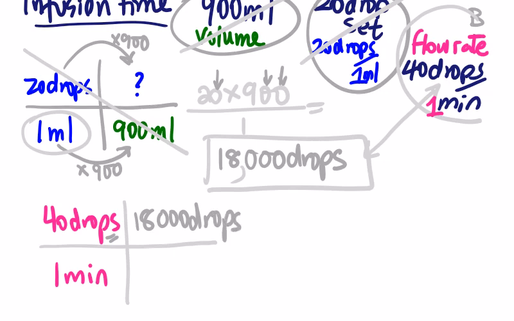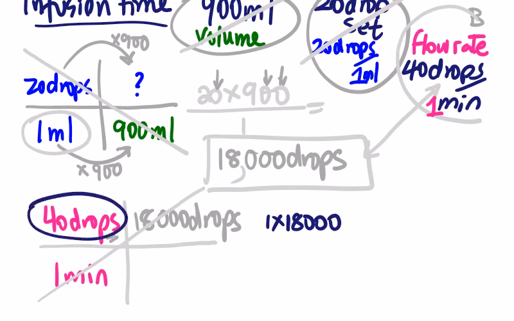Same as before, we can look at the proportions here. What happens? 40 goes to 18,000. It's maybe hard to do the calculation in our head, so we can just maybe remember that we multiply these two. So we get 1 times 18,000, which is just 18,000, and divide by that third number.